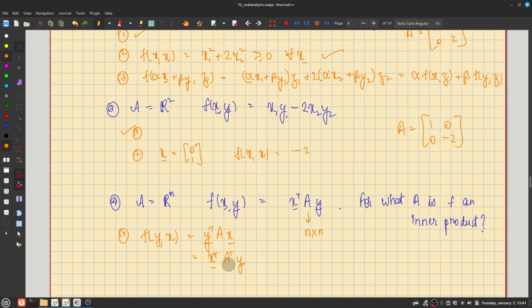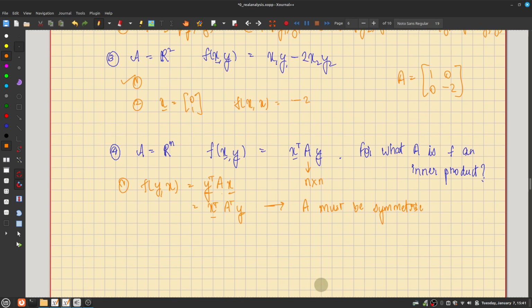All right. So, equal to A. So, for A to be a valid inner product, A should be symmetric. If A is not symmetric, then this will not be a valid inner product. All right. So that's a requirement.